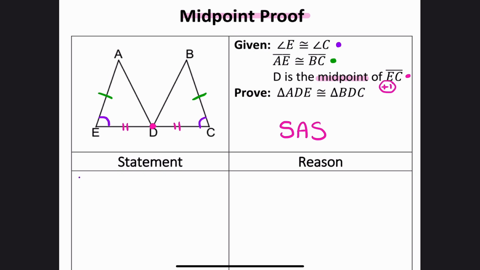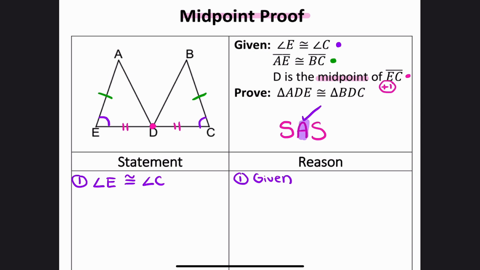Step 1 is going to be my first given, and that's angle E is congruent to angle C, and that's given. And again, that is a one and done given. It gives me my angle right away. So I'm going to use a highlighter to make it a little bit more emphatic. This angle is done.